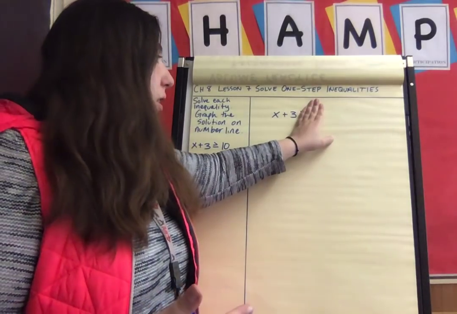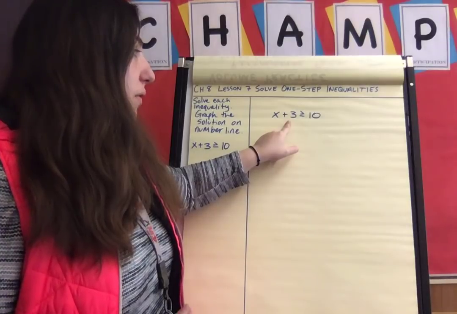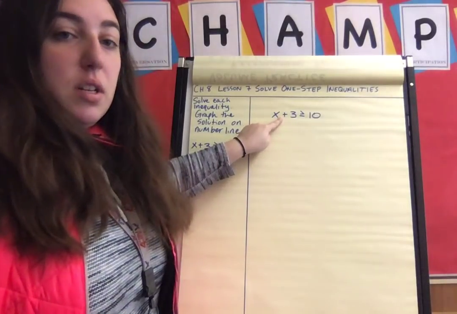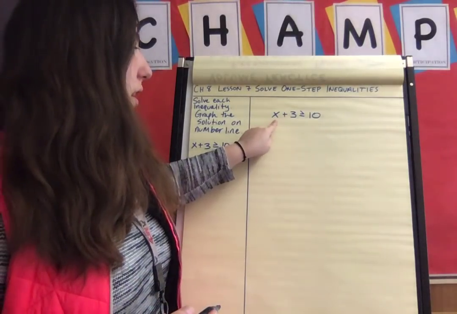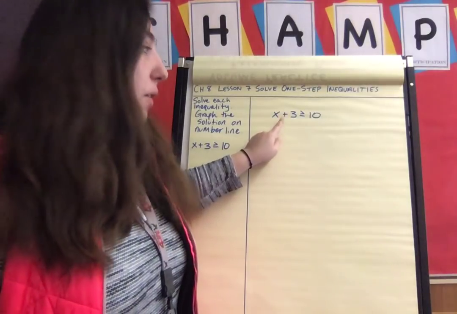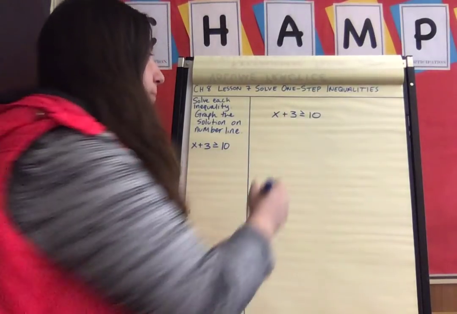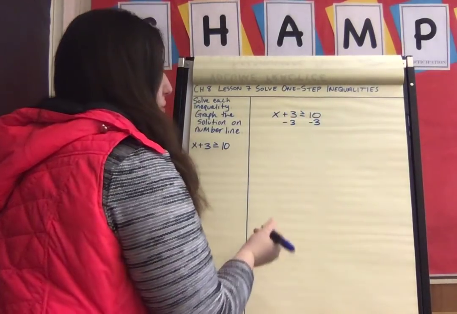Inverse of addition is subtraction. And to undo this, if it's being added by 3, I'm going to subtract by 3 on both sides, okay?